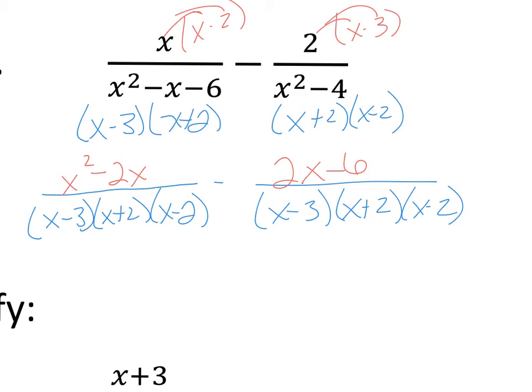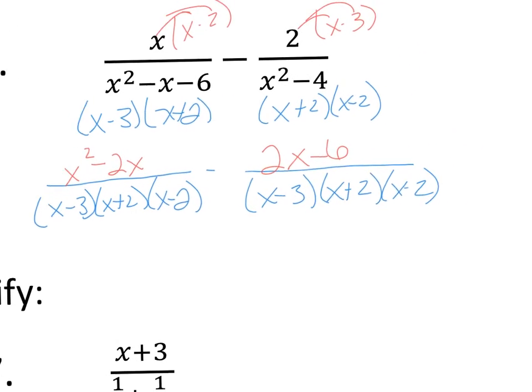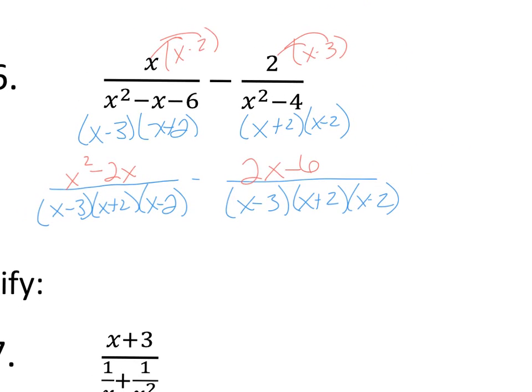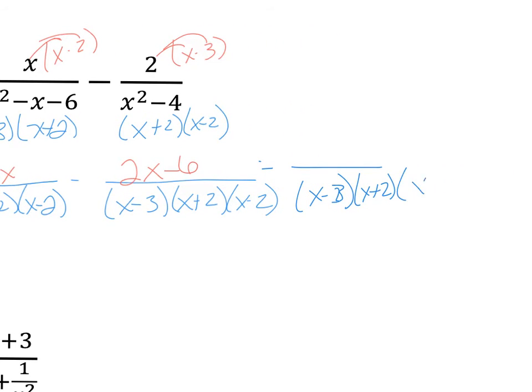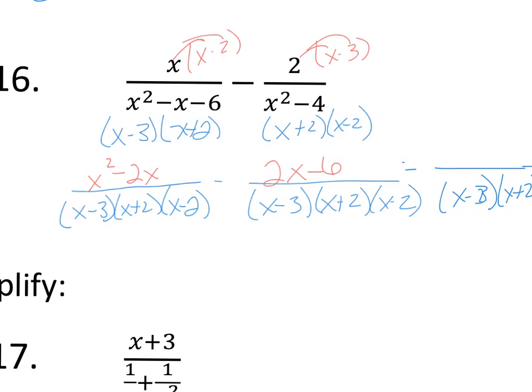Now we're ready to add these. The denominator is going to be x minus 3, x plus 2, x minus 2. And across the numerator, we have x squared minus 2x.